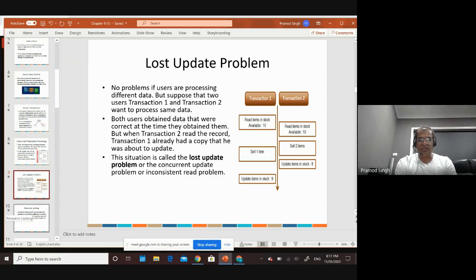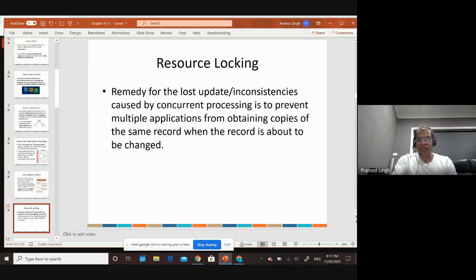And the solution for this kind of problem is covered in the following slides. First of all, an important part is putting resource locking.